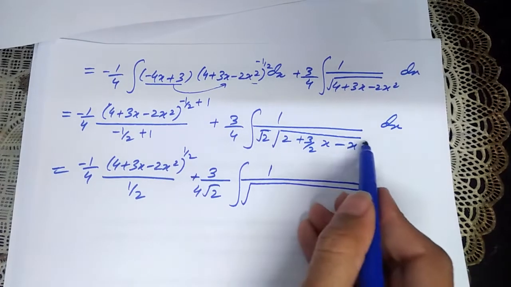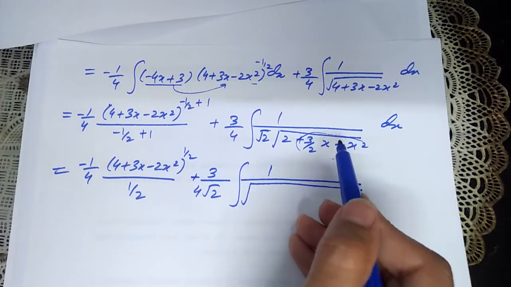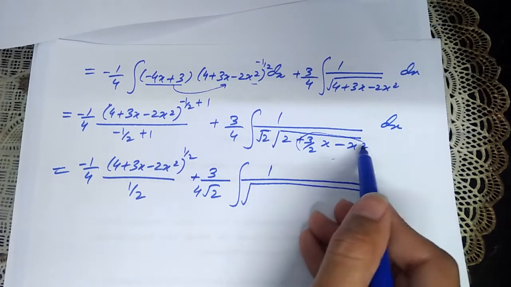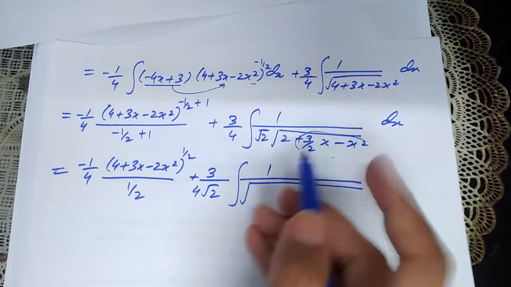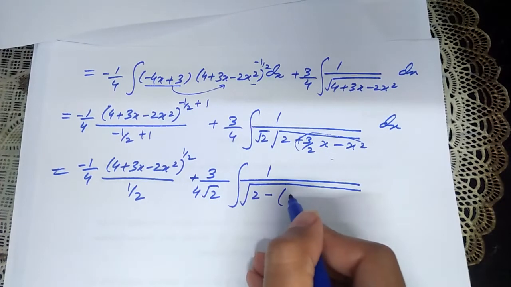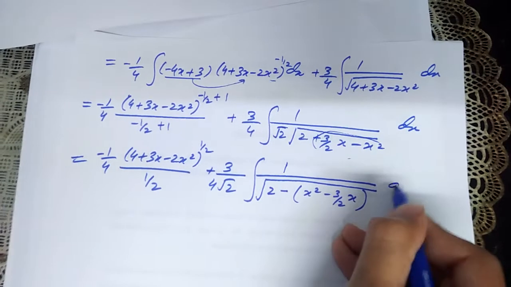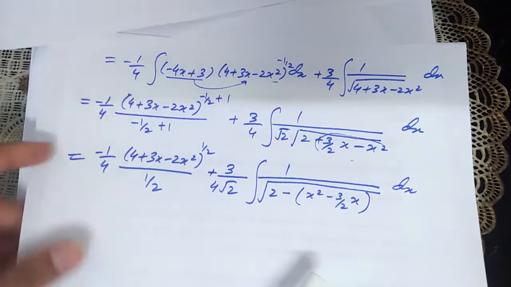I can take the negative sign common out of here because I know that in the square formulas I don't have the negative sign with the square terms. So if I take the negative sign common, I can write it like 2 minus x square minus 3 by 2x like this dx.